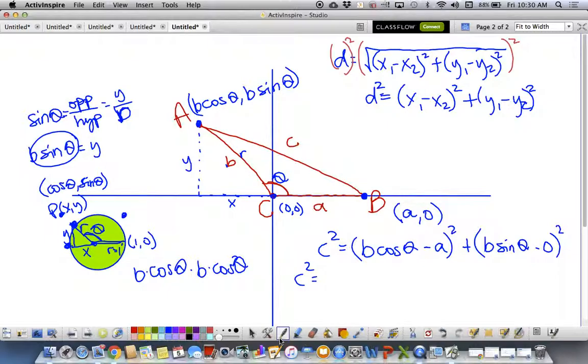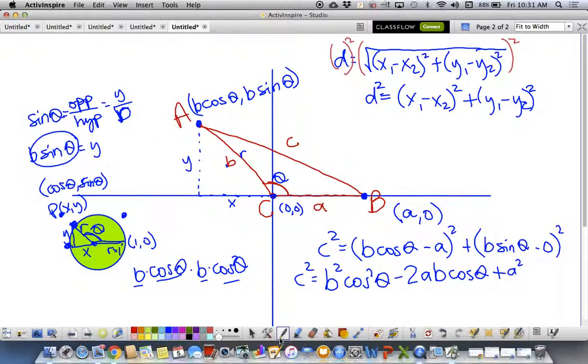I have a B and a B. B times B is B squared, cosine squared theta. Okay, that's just the first term. What's my middle term? Minus 2AB cosine theta. Plus A squared. Okay?